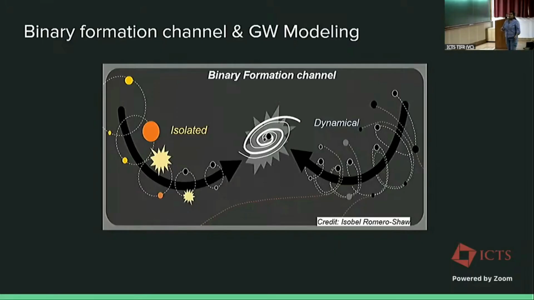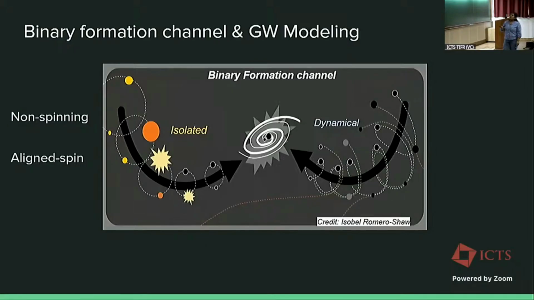In that process, if there is some initial eccentricity in the orbit, because it goes through all this time, the eccentricity eventually circularizes, and by the time you get the signal in the LIGO detector, you don't see any hint of eccentricity. Also, because it's an isolated system, it's expected that this kind of system will have non-spinning or aligned spin. Aligned spin means the spins of the two black holes are aligned or anti-aligned with the orbital angular momentum.